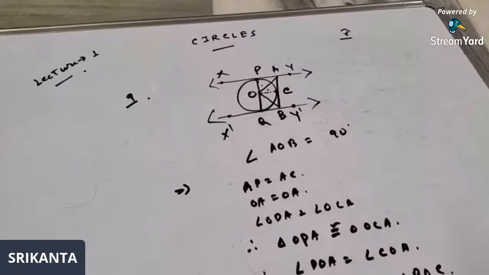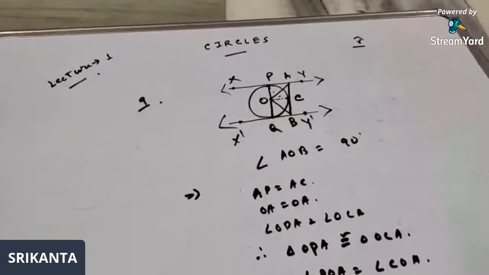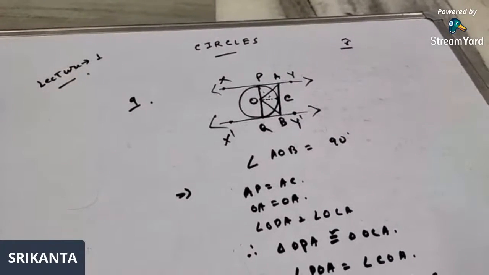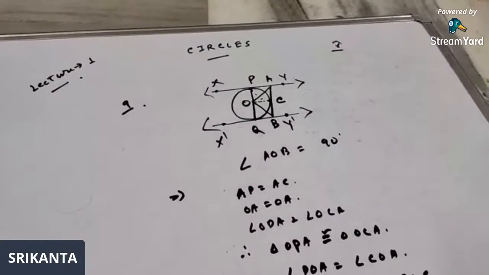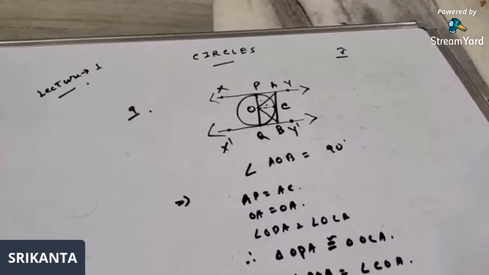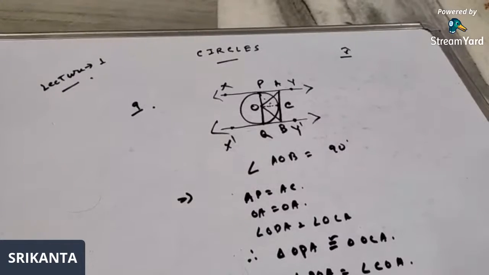Now, if we can prove that triangle OAC and triangle OCB are congruent, then our proof will suffice. So how can they be congruent? First of all, OC is common.